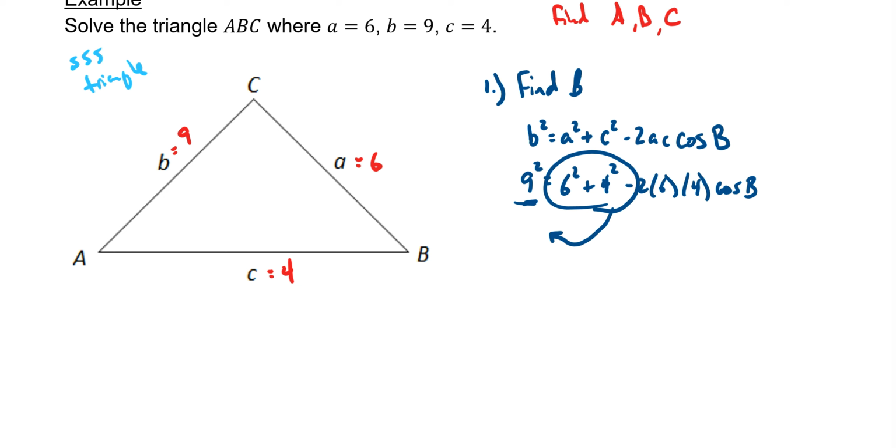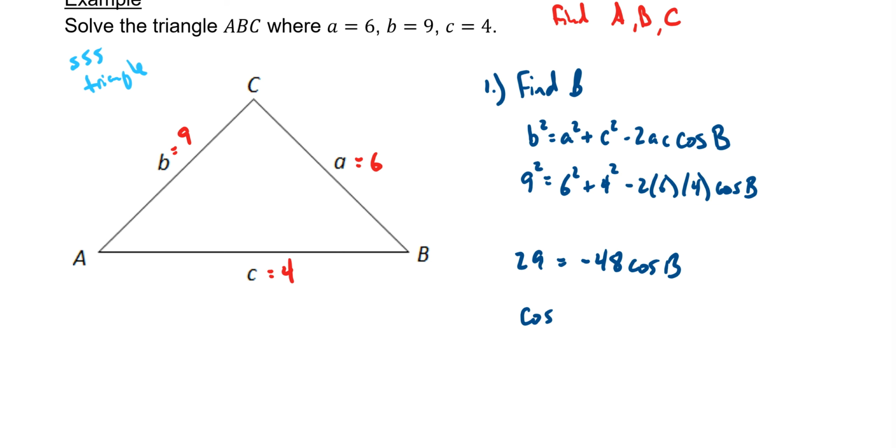So 81 minus 36 minus 16, we end up getting 29. And then just multiply all of these values together here. Negative 2 times 6 times 4 is negative 48. And then divide both sides by negative 48. And we're left with cosine of B equals 29 over negative 48.